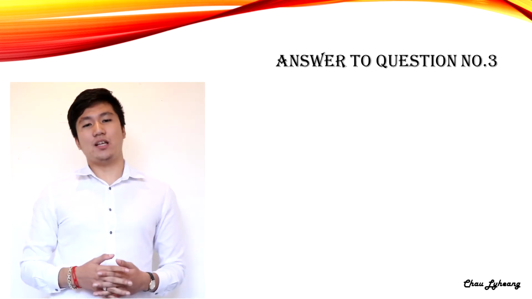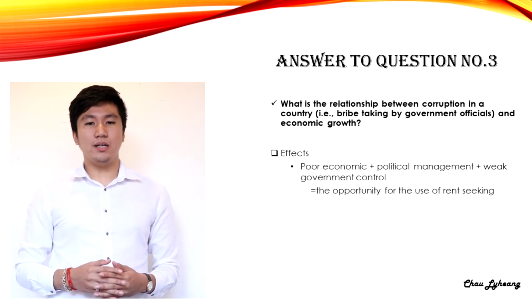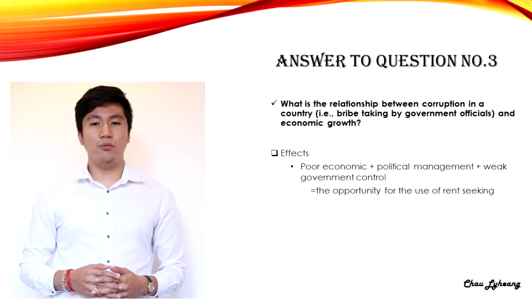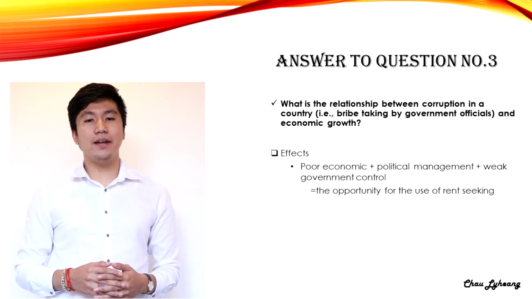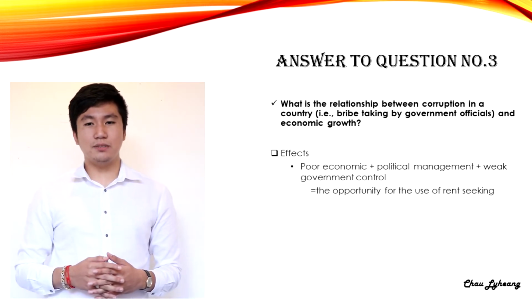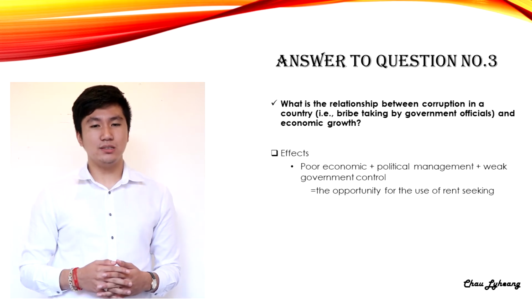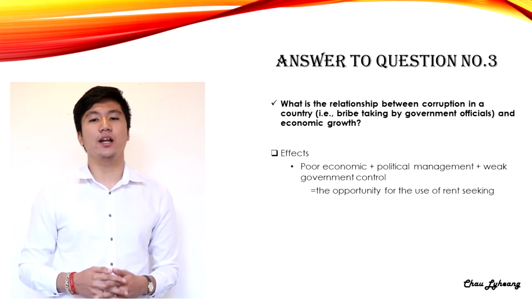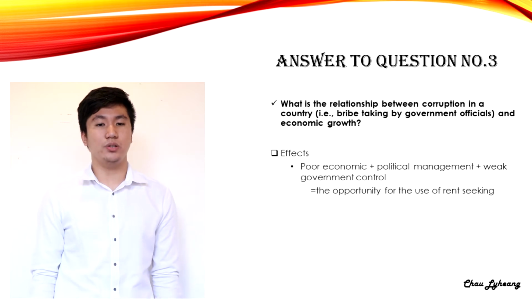Okay, and now let's talk about the effects. Poor economic and political management and weak government control would enhance the opportunity for rent-seeking and subsequently increase the corruption that acts negatively on economic growth in developing countries.